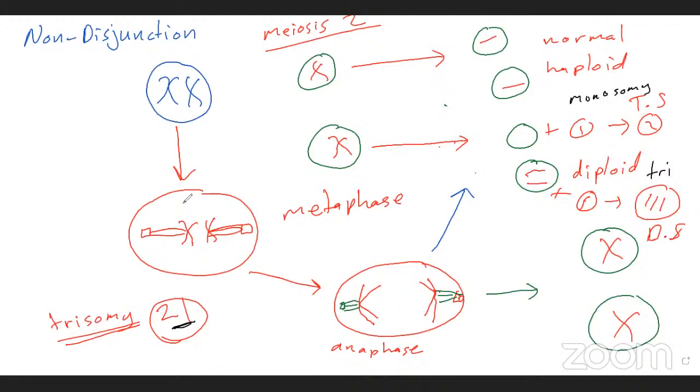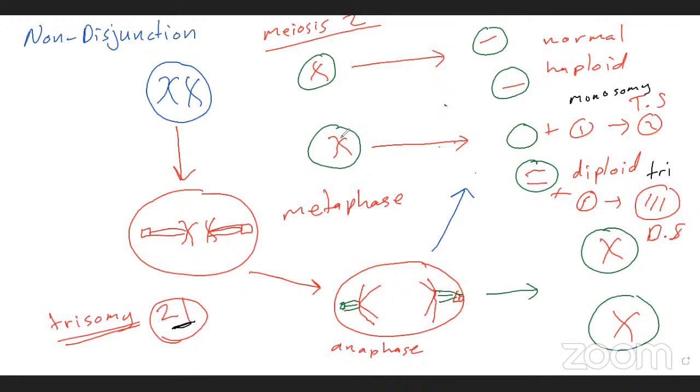In meiosis 1, you are separating the homologous pairs of chromosomes. Disjunction means to separate them, so non-disjunction means we're not separating them. You would put the 2 of these in 1 cell, and the next one would stay empty. That is if you are showing it at meiosis 1.